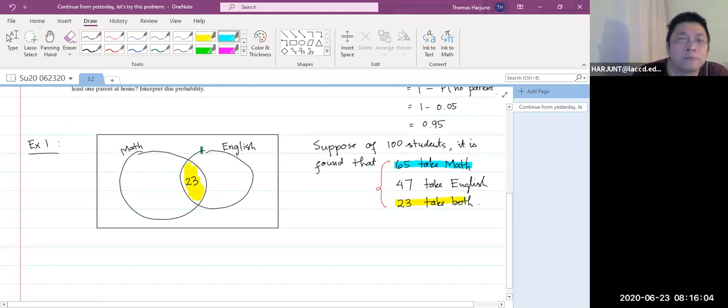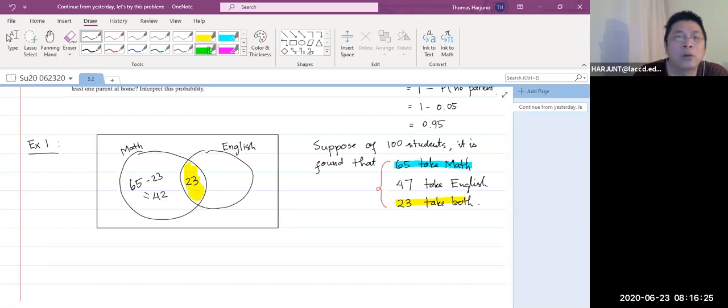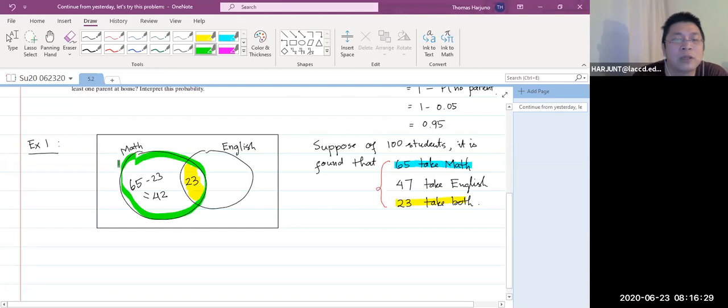Now, so if 23 take both, how many people take math only? Then that will be 65 minus 23. Is that right? That will be 42. Why? Because the total in this math circle should be 65. Is it right?